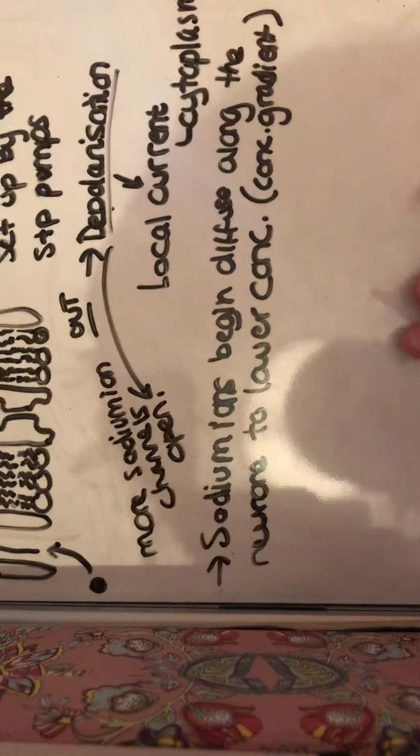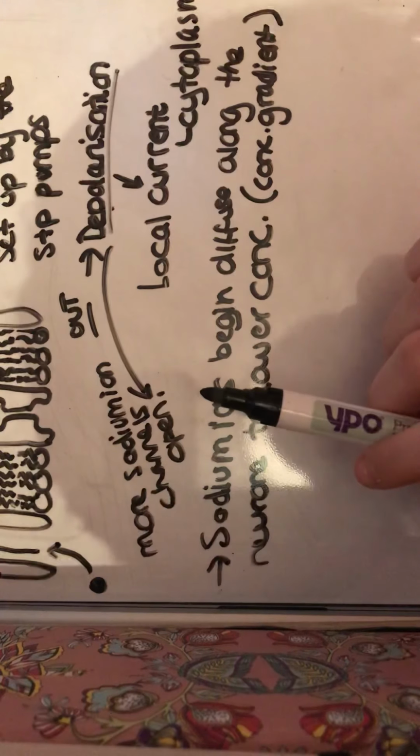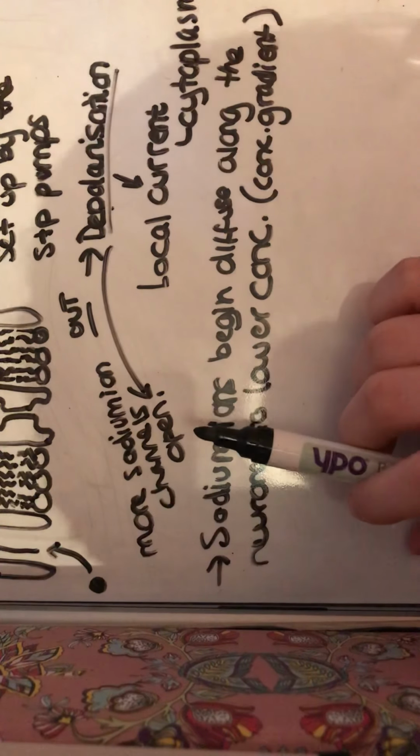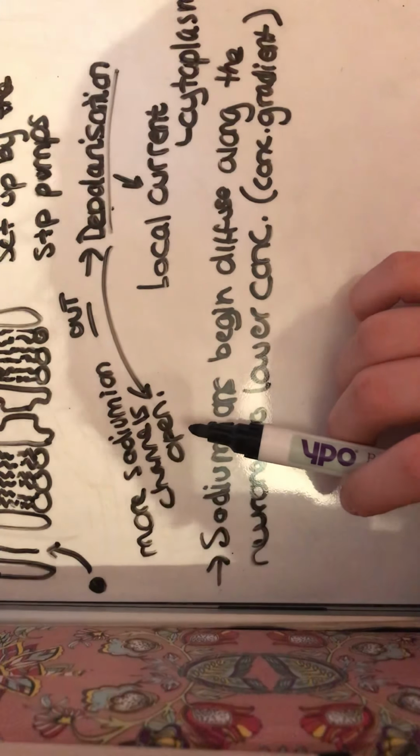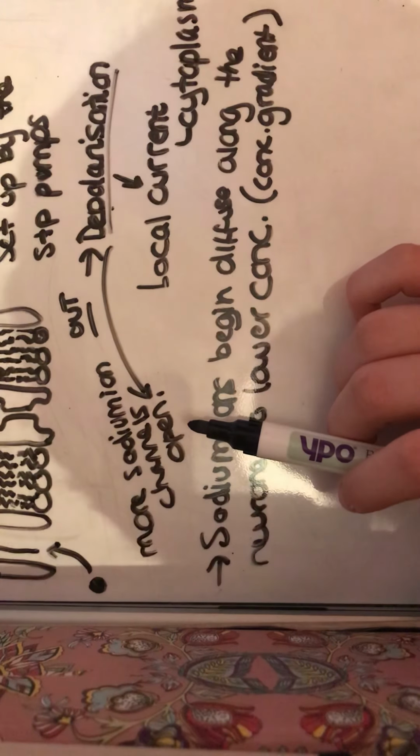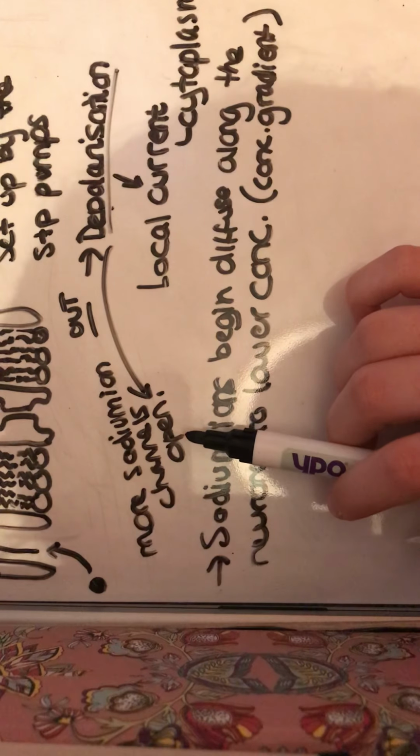Because our sodium channels have started to open now, we are now allowing the action potential to move along the neuron as more sodium ions enter and set up another action potential.